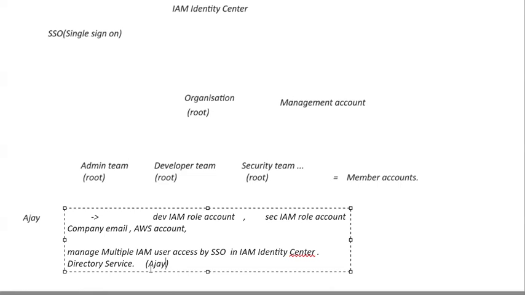They authenticate this Ajay user. Since the roles are attached to this user in the IAM Identity Center, AWS will simply authenticate that he has the development role and the security team IAM role. Now Ajay can access the services which come under the development team as well as the security team.